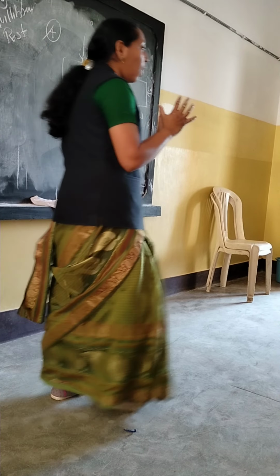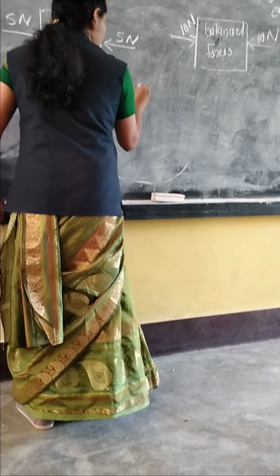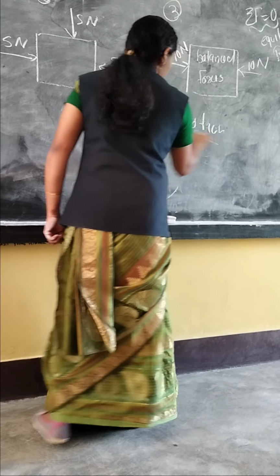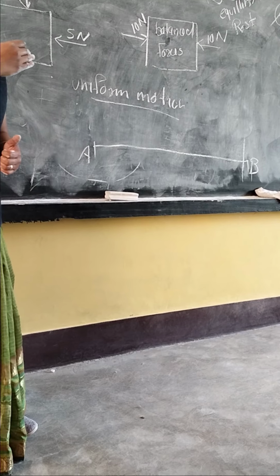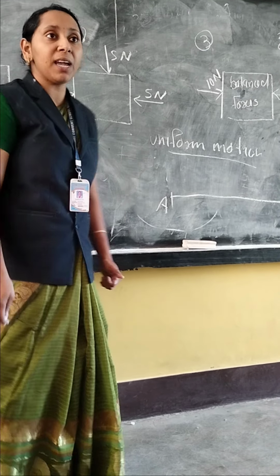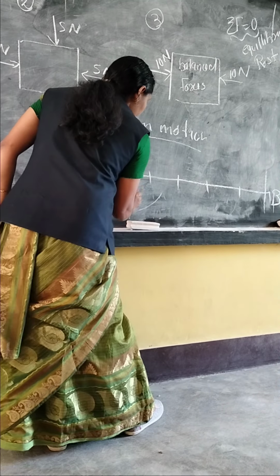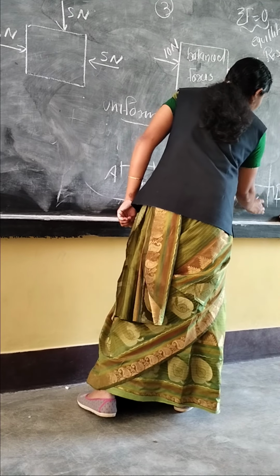Example, I have a ball. The ball is moving from A to B. Uniform motion. I am considering a ball placed at a distance A to B. The ball moves the distance A to B. I am dividing the distance into 10 meter, 10 meter, 10 meter, 10 meter and 10 meter.